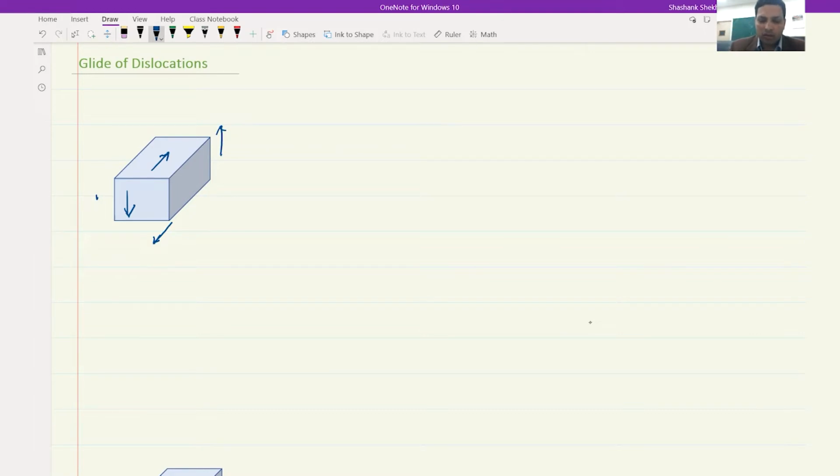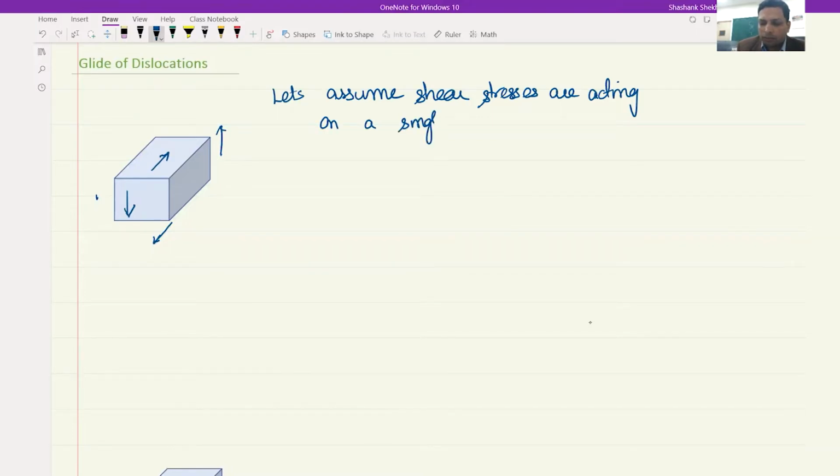So these are the shear stresses acting on this plane, and to counterbalance in the perpendicular direction, you will have this. So these are shear stresses. Let me write it here: shear stresses are acting on a single crystal.